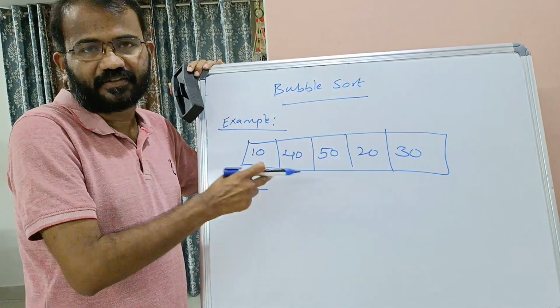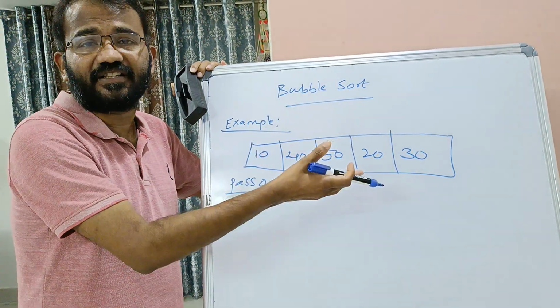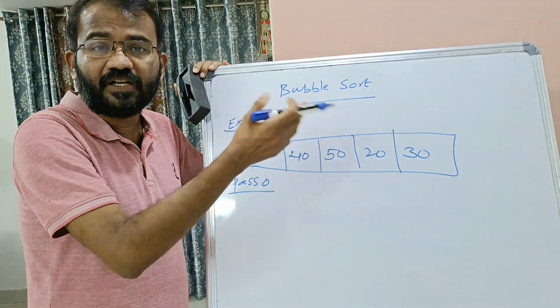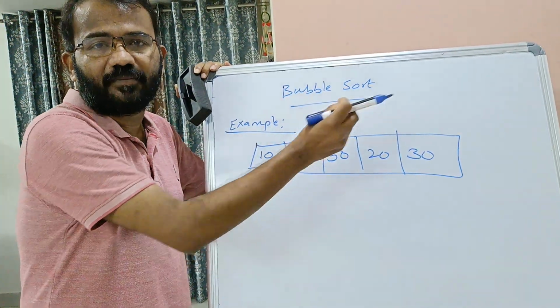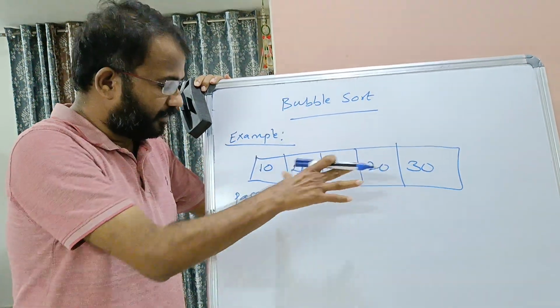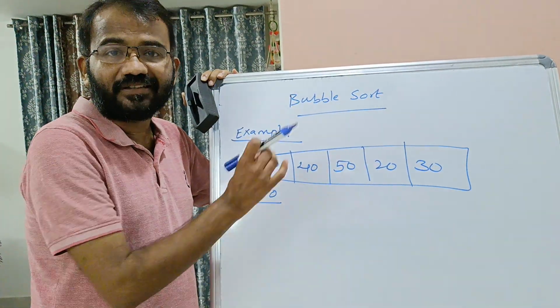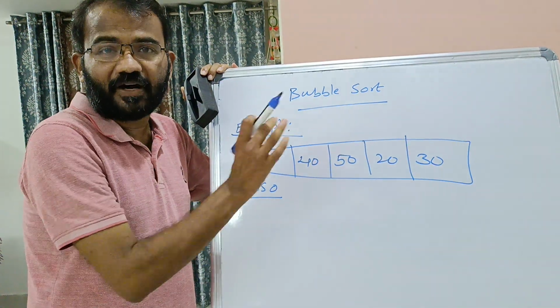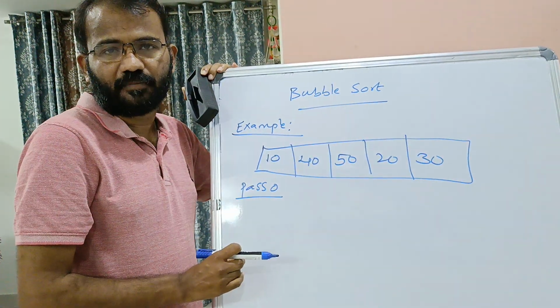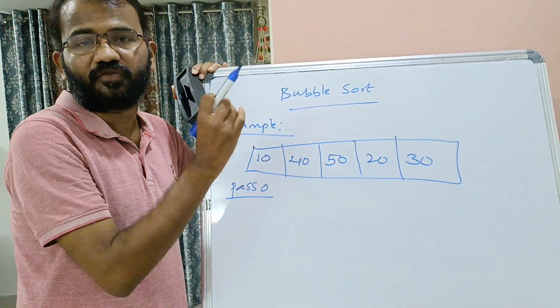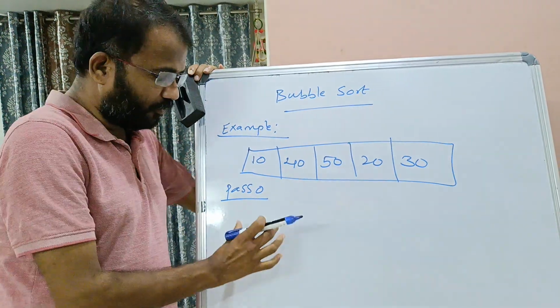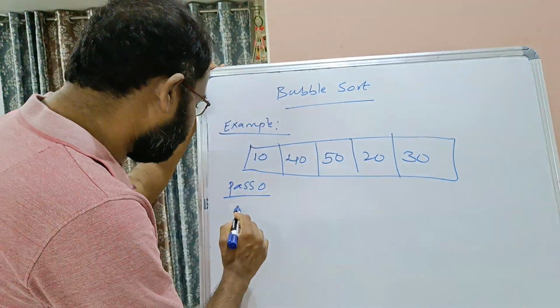After one pass, the highest element reaches its position. So pass 0 has 4 comparisons, pass 1 has 3 comparisons, pass 2 has 2 comparisons, and the last pass has 1 comparison.